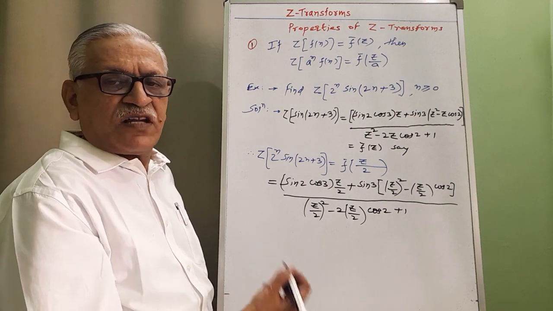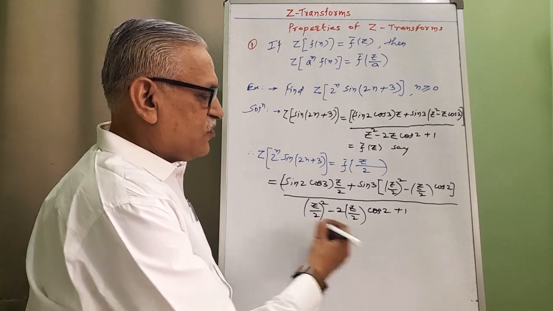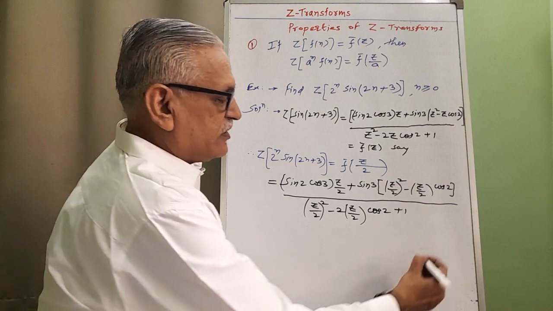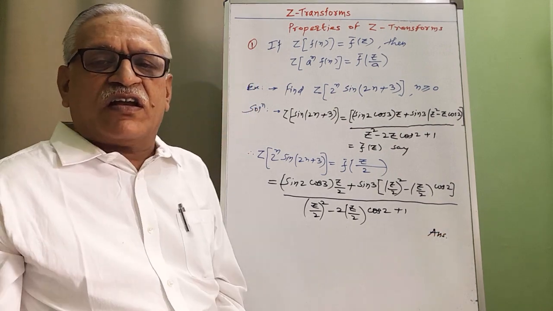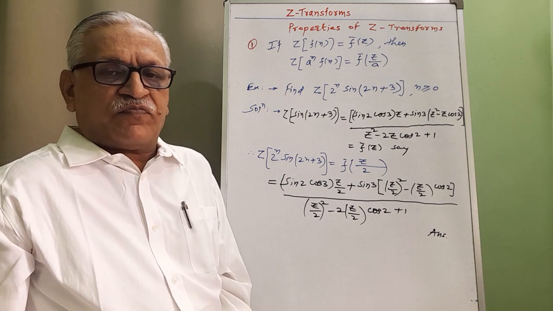We keep this step as it is. No further simplification is possible, and therefore whatever this is, it is the required value of Z transform.